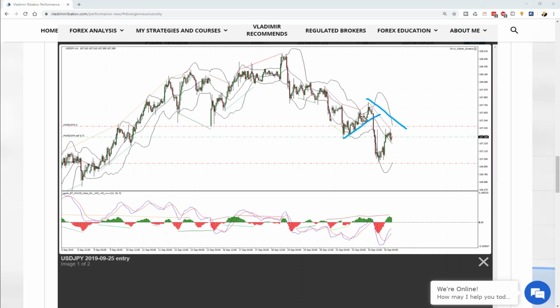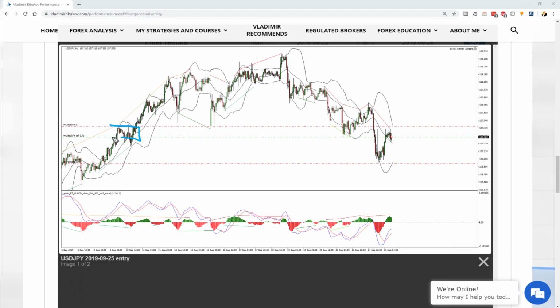Okay, after all these setups we got before that, all of those were for sales. Okay, so here we have once again a sell setup, this time based on hidden divergence, beautiful bearish candle pattern, tiny pullback, and we're looking for the attack.